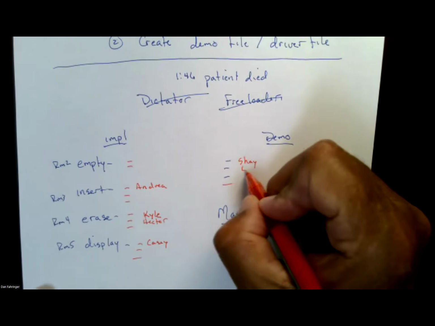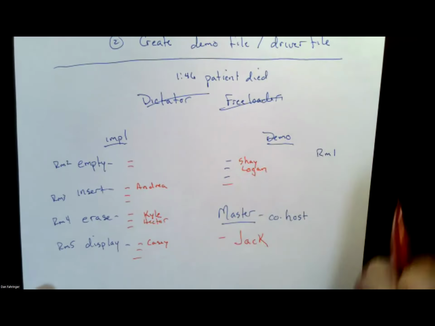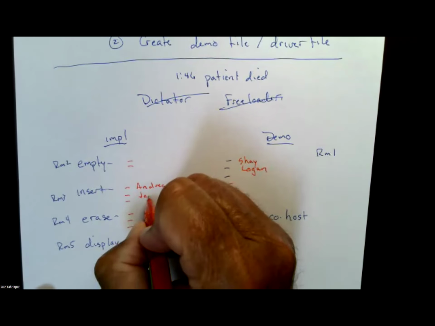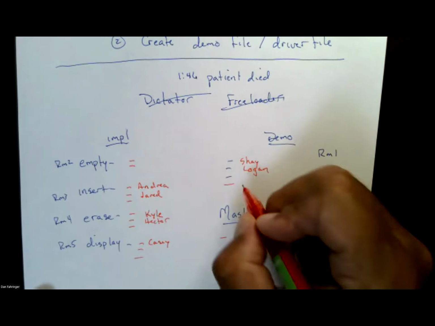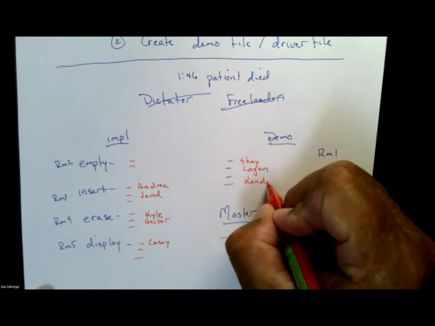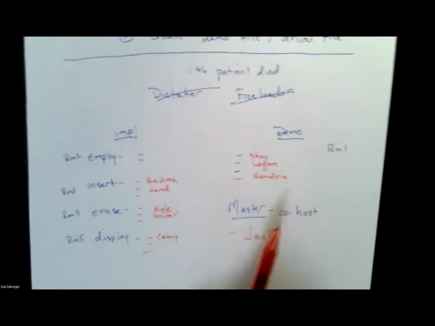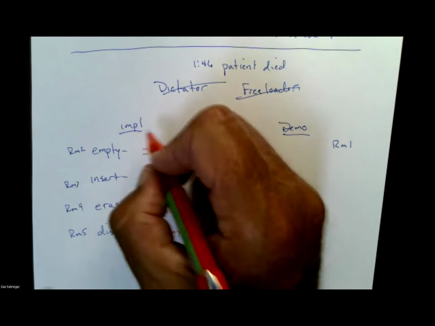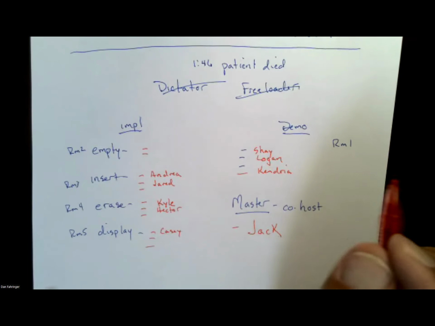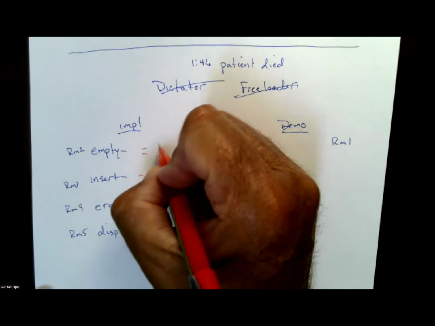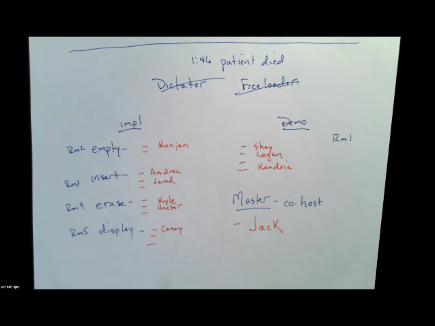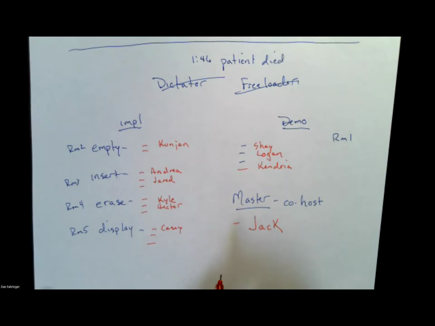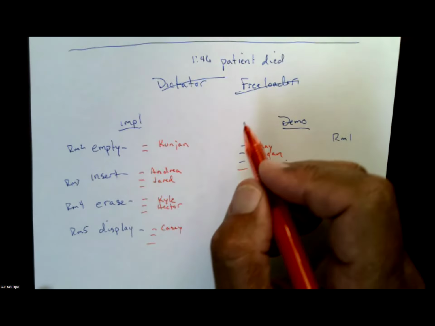Logan. Insert. Give me a name. Jarrett. I'll do demo. Zach. I'll also do demo. I think Kendria is on demo. Who was the one right before Kendria? You're not in demo anymore. Kunjin? I'm sorry. Who was it? Kunjin. I'm putting you on empty. That's easy. Maybe when you're done, Jack will send you over to demo. I'm also gonna do empty if that space is not taken. Your name? Emily.